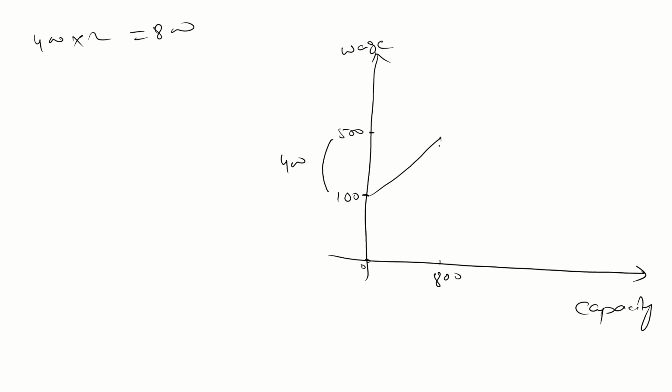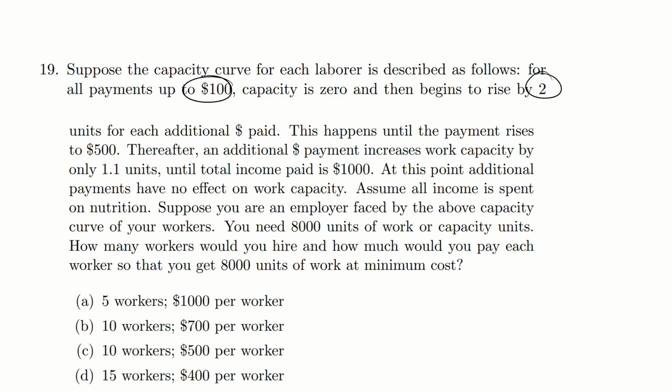Okay, guys, read carefully again. Till 500. Therefore, an additional payment increases work capacity by 1.1 units, 1.1 units until total income is 1000.